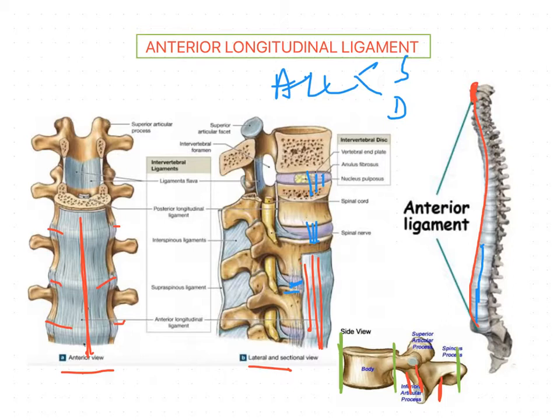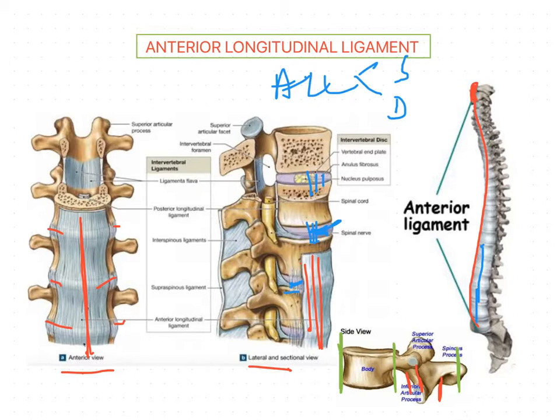The deep fibers blend with the fibers of the annulus fibrosus of the intervertebral disc and reinforce the anterolateral portions of the intervertebral disc as well as the anterior interbody joints. So this is one of the important functions of the anterior longitudinal ligament: it gives stability to the spine on the anterolateral aspects.